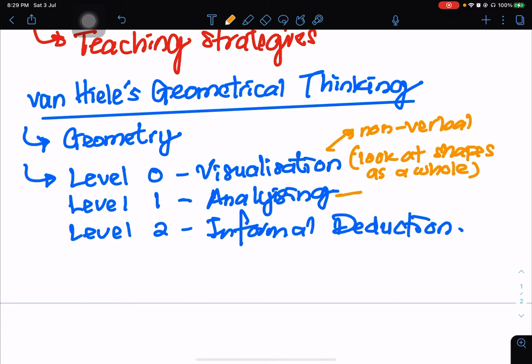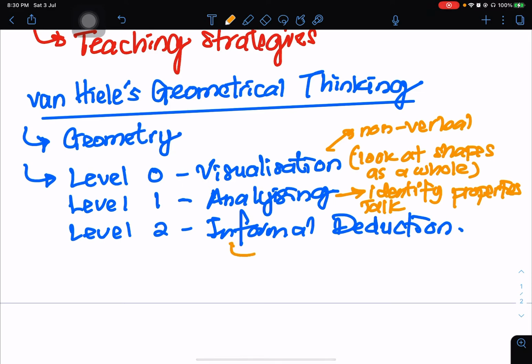Now, analyzing is where they start to identify properties. So they identify properties, they talk about the properties, they discuss the properties. To them, the properties of the shapes are very important, all of them.